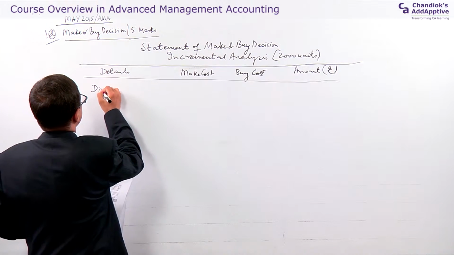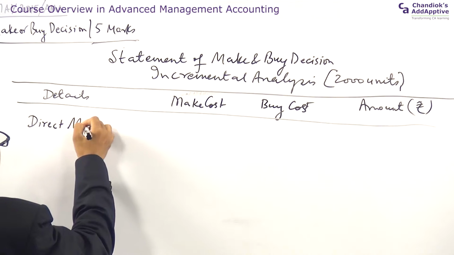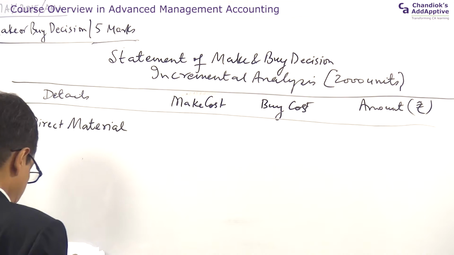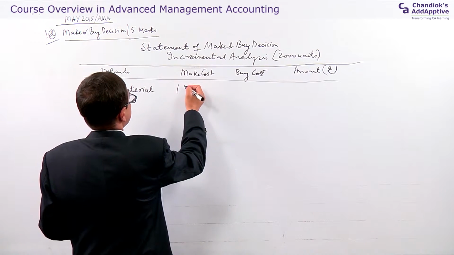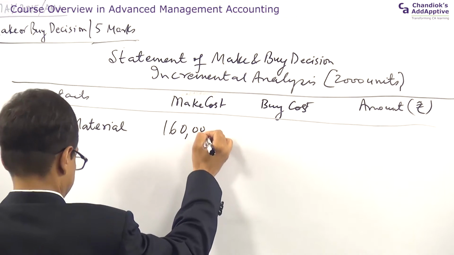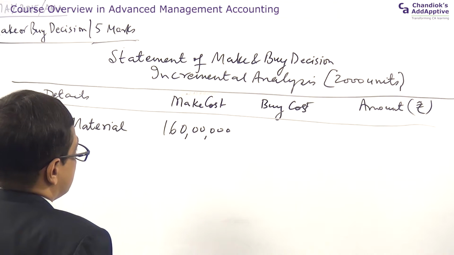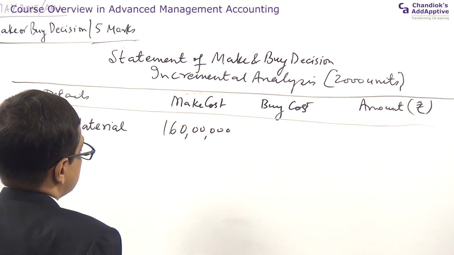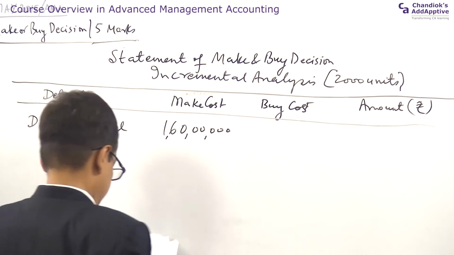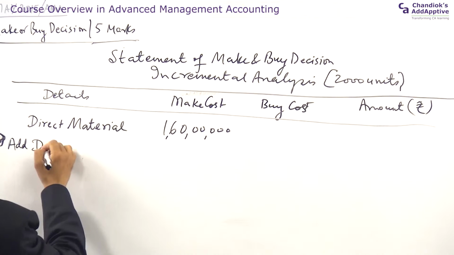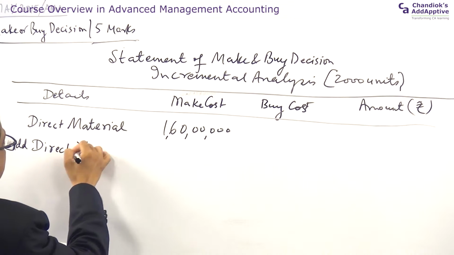So in terms of details, the direct material will come here first. This will be in terms of rupees 1 crore 60 lakhs. You add direct labor.